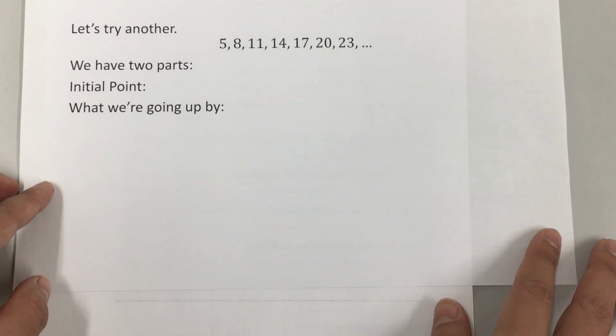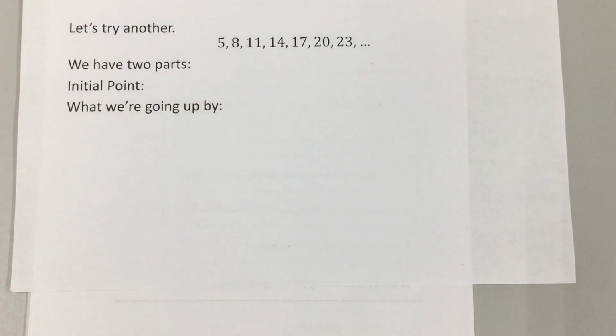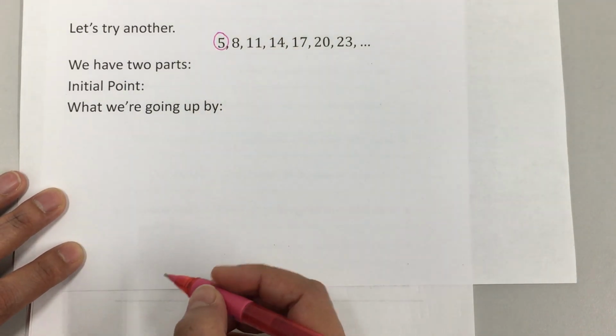So in here you have 5, 8, 11, 14, 17, 20, 23. We have 2 parts: the initial point and what we're going up by. So the initial point is 5.